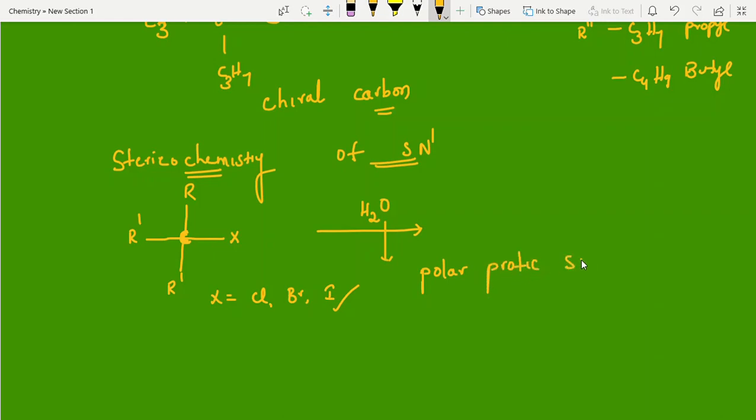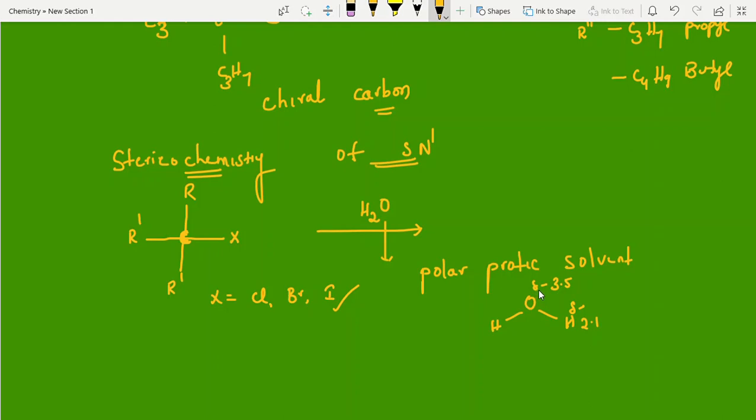Polar protic solvent. Between 2 different electronegative atoms, polarity develops. Oxygen's electronegativity value is 3.5, hydrogen's electronegativity value is 2.1. Definitely, the more electronegative atom attracts electrons towards itself.